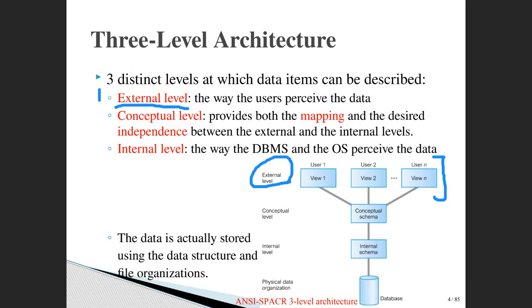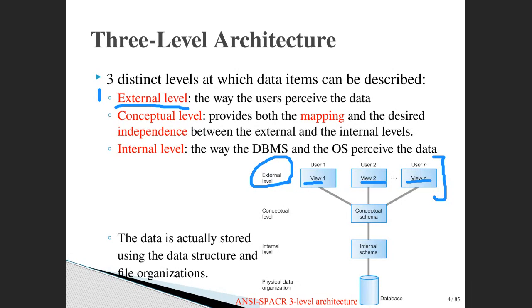All right, based on each user's requirements, there will be a specific view matching the user requirement. For example, user number 1 is going to have view number 1. User number 2, we're going to have view number 2, and so on.